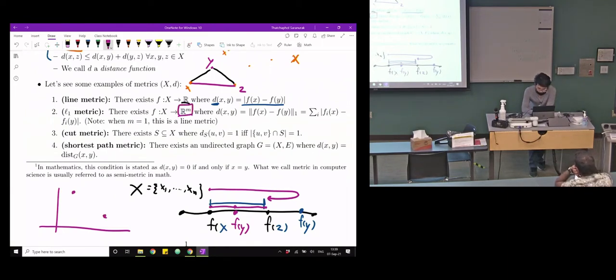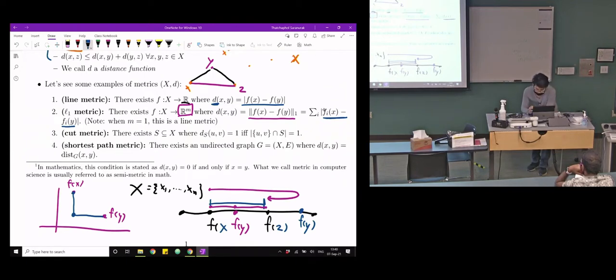It can be m dimensional, and then the distance between two points is measured by this L1 norm, which is, for each coordinate, you measure the difference between them and sum them up. So in the picture, the distance would be this plus this thing.